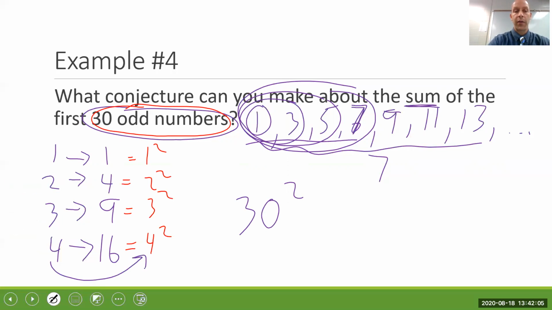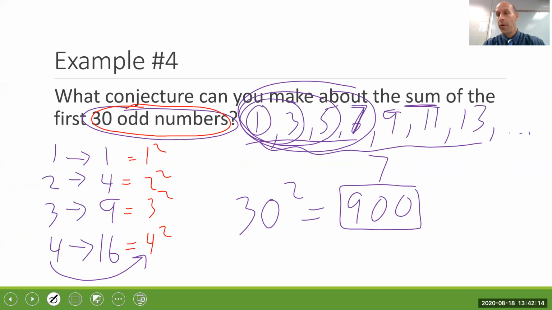The first 4 would be 4 squared, which was 16. So that's going to be 900. Now notice I didn't go through and list all 30 odd numbers and then add them up. I used a conjecture in inductive reasoning to get me to my result.